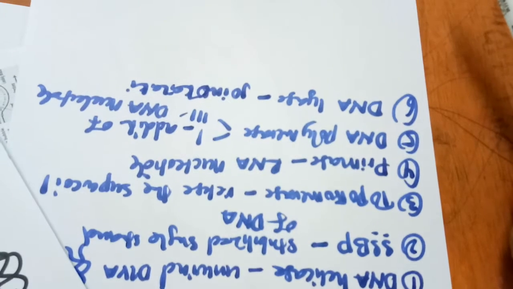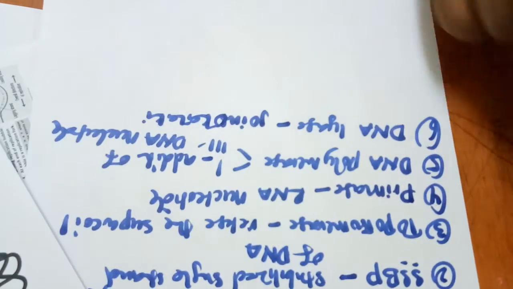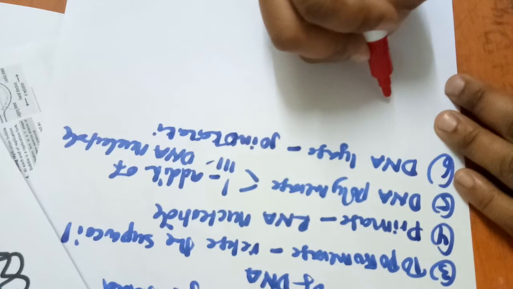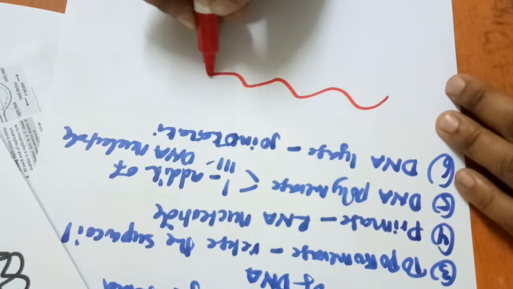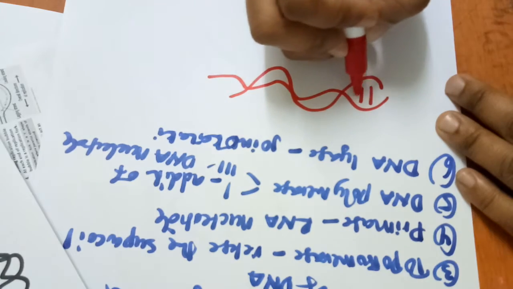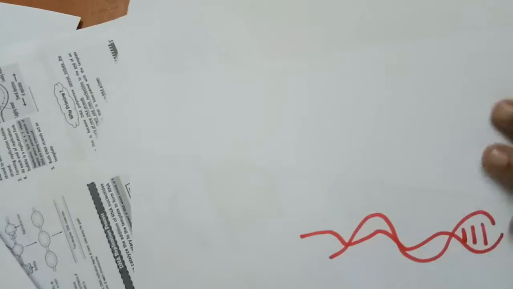First, kita look at the function of the first enzyme, DNA helicase. This is the enzyme. This is DNA, double strands of DNA. Kita ada double strands of DNA.